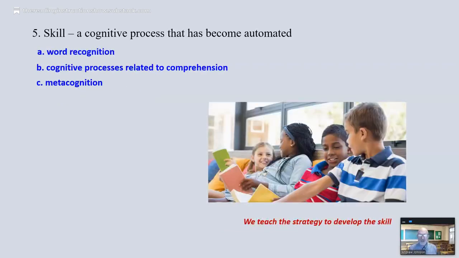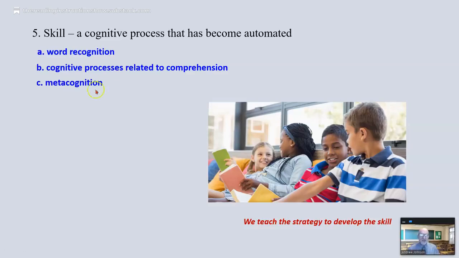That is a strategy. A skill is a cognitive process that has become automatic. Word recognition, cognitive processes related to comprehension, metacognition. These all we want to become automatic. That's called automaticity. So we teach the process to develop the skill.